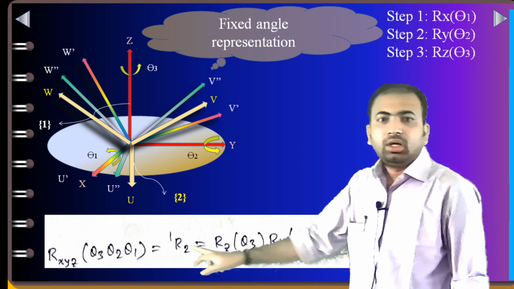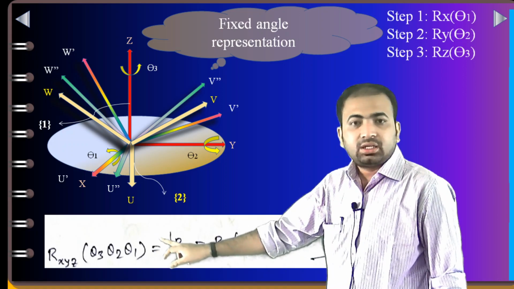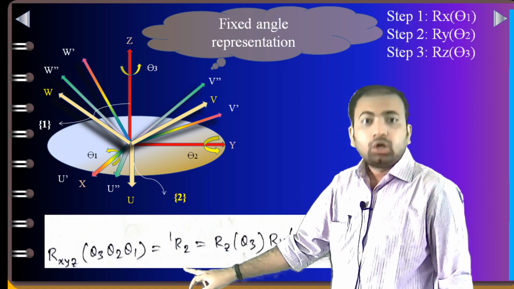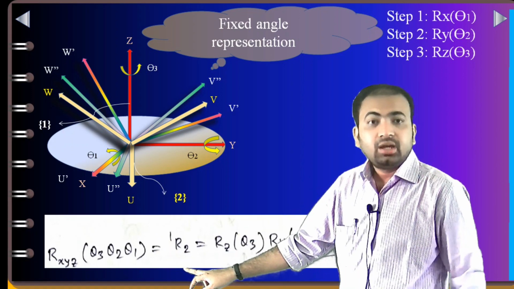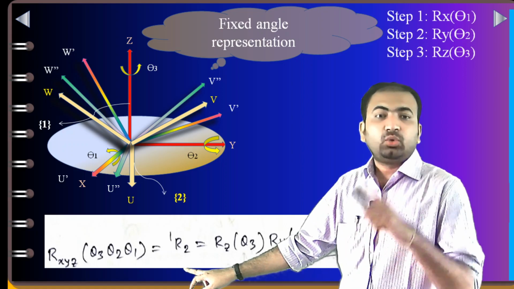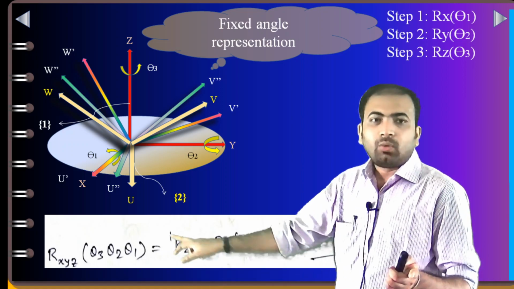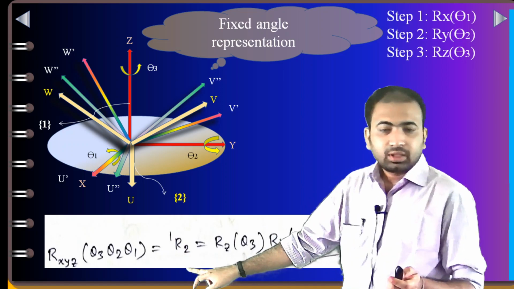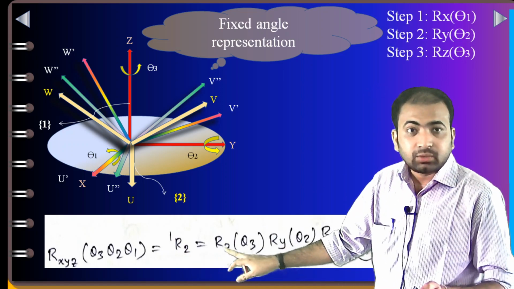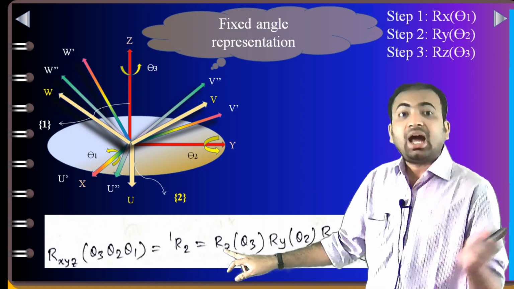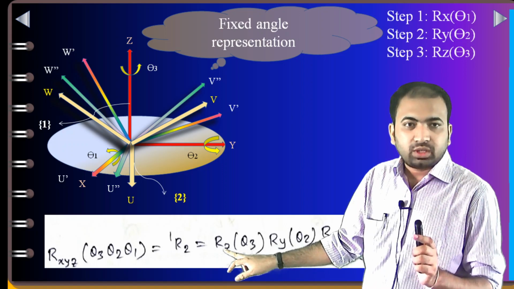So it can be written as 1R2, as we have rotated frame 1 and finally got frame 2. So 1R2 we will get, and as I have said, it will be the last operation which we performed.